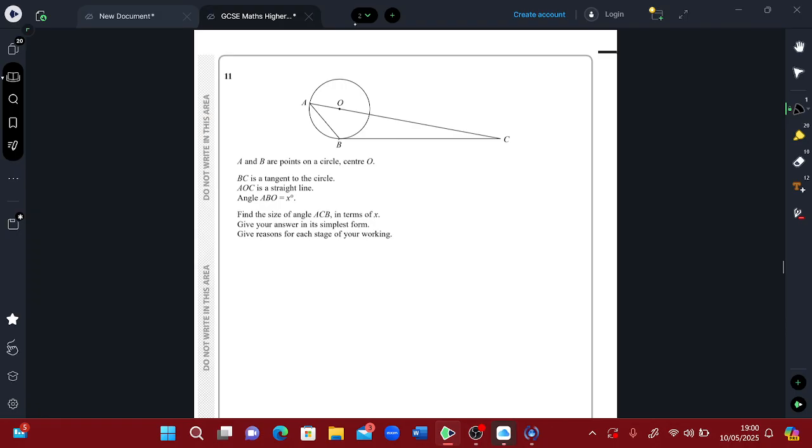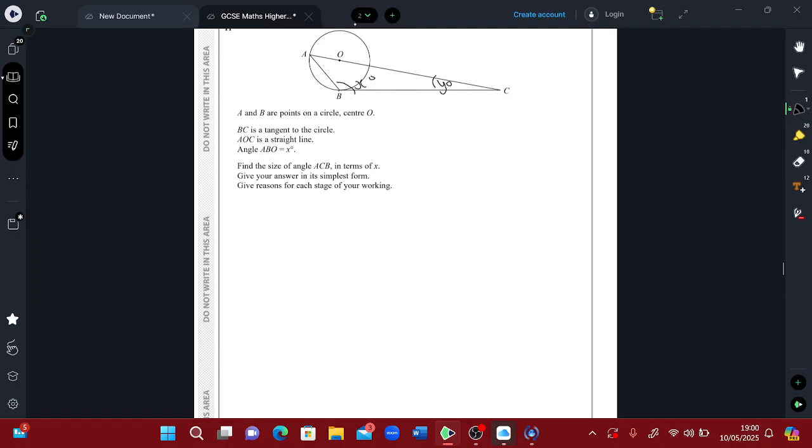It might help to extend it, but we'll leave it there for now. AOC is a straight line. ABO is X, so this angle here is X. Find the size of angle ACB, we'll call that Y, in terms of X. Give reasons for each stage.